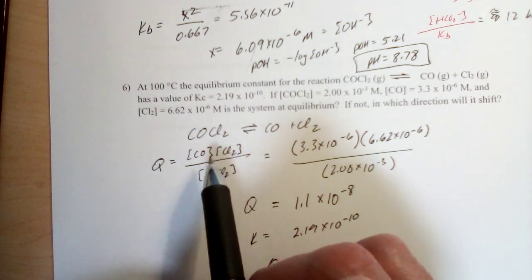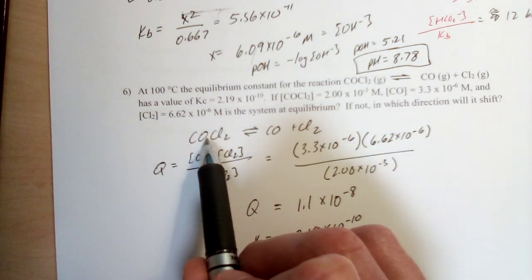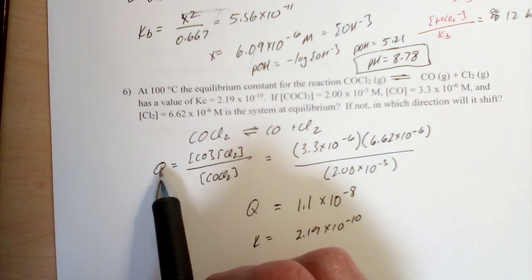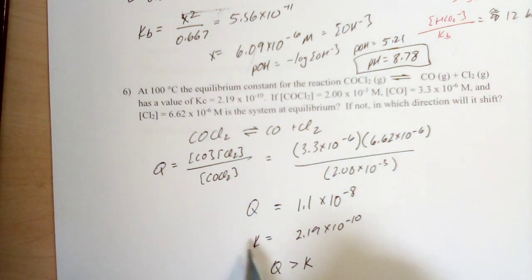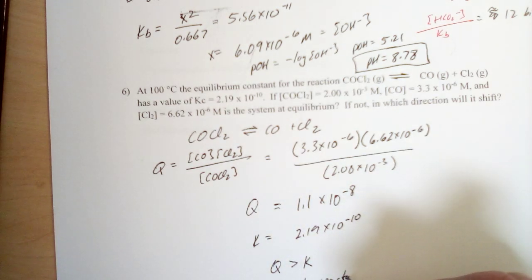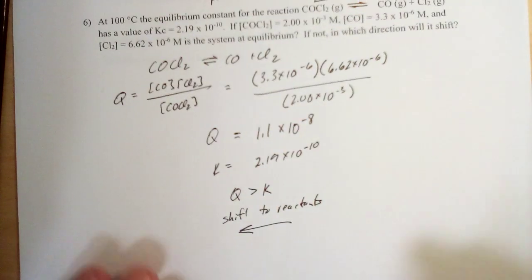So by increasing the concentration of the reactant and lowering the concentration of the products, we would bring down the value of Q, right? And that would happen until we got to the equilibrium constant. So if Q is greater than K, that means this equilibrium is going to shift to the reactant side. We're going to form more of the reactant, and we're going to have less of the products.